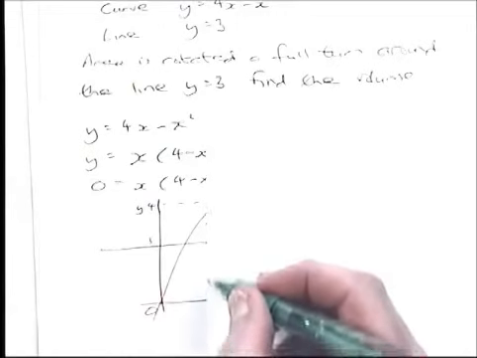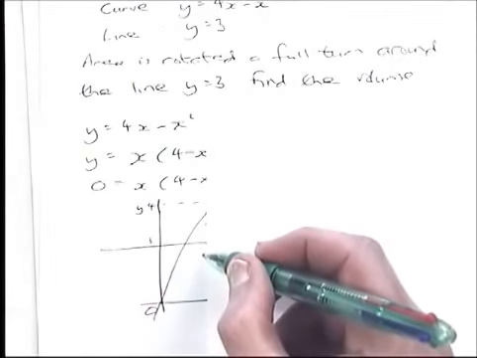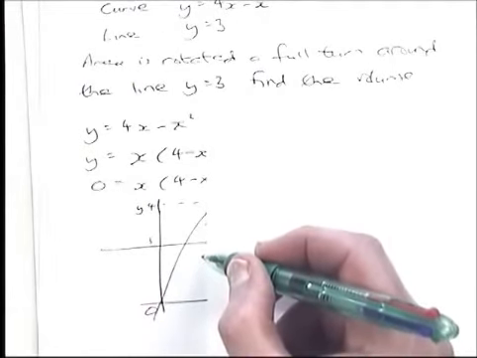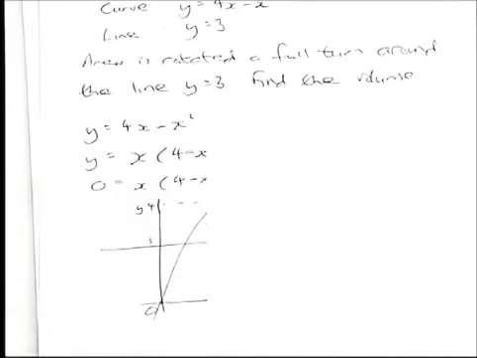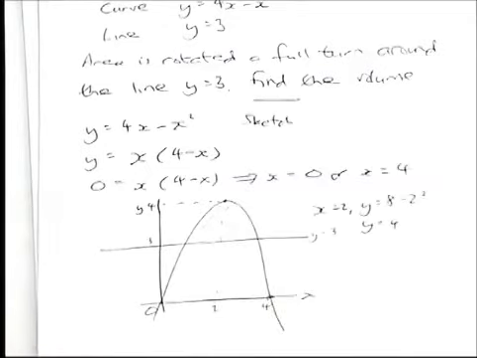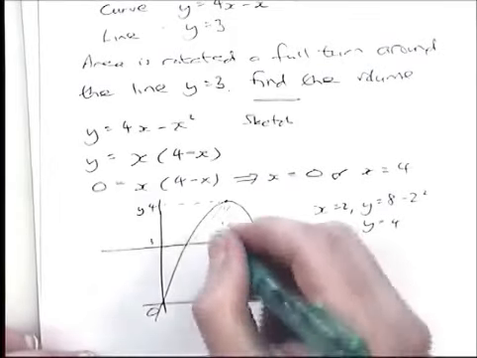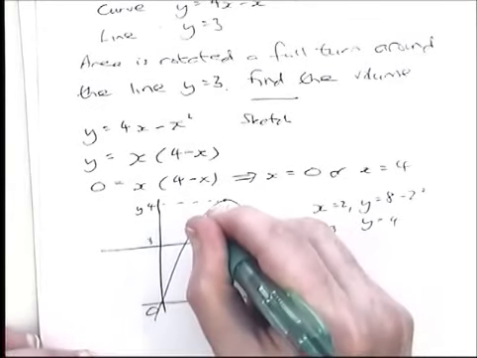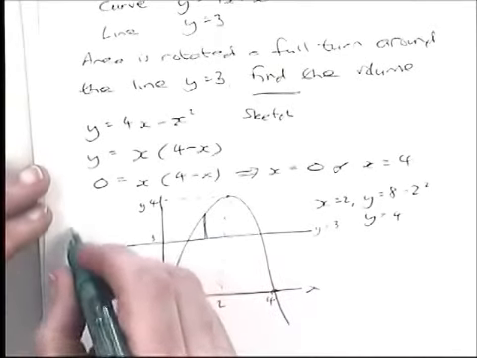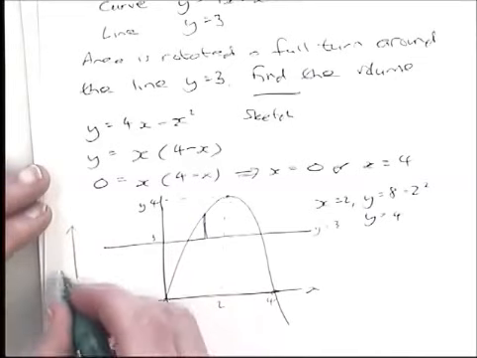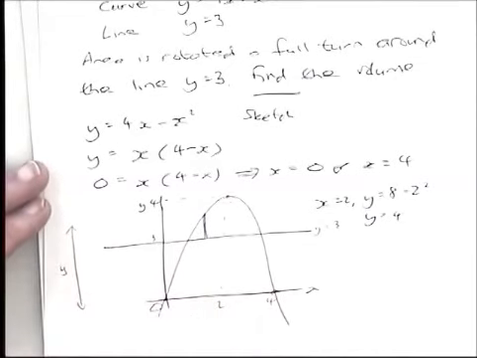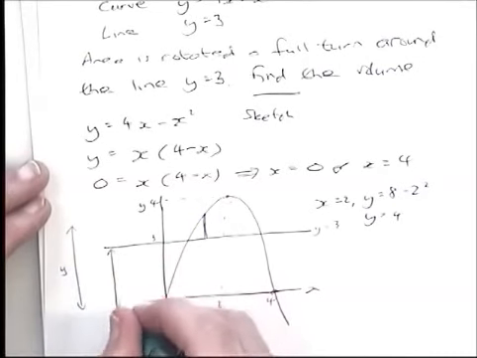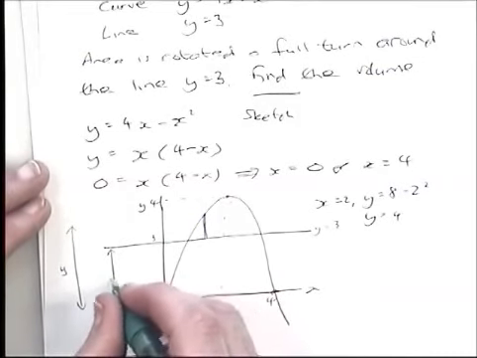What is the height up to the green line? Where is that green line drawn? Go on. 3. Okay. Now what I'm interested in is this height here, because this is the bit that I'm rotating. The red height is equal to y, and the height up to the green line is equal to 3.